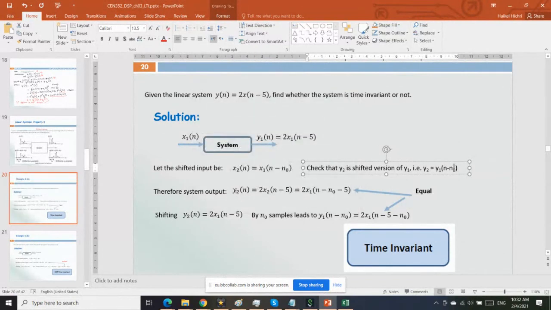We start with y2. According to the definition of the system, equation 1, y2 should be equal to 2x2[n] - 5. And x2 here, according to this equation, is just equal to x1 shifted.